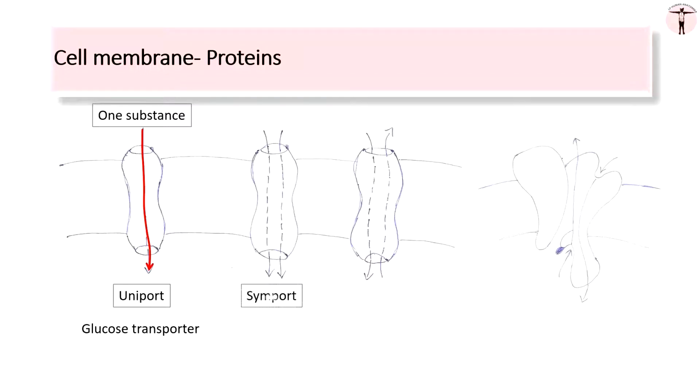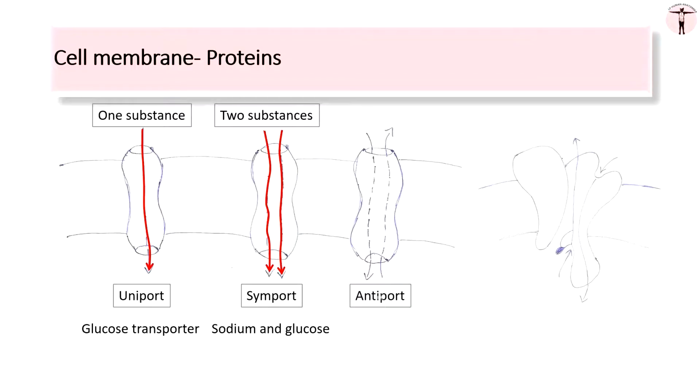Symports carry two substances at the same time in the same direction down the concentration gradient. An example for this is sodium and glucose, which are transported together from the intestinal lumen into mucosal cells. This is also an example of facilitated diffusion.